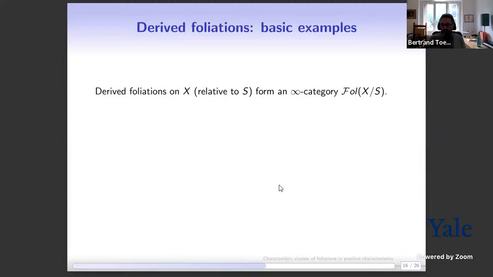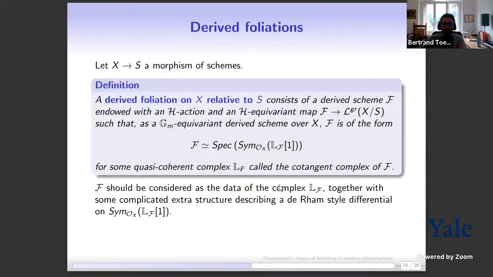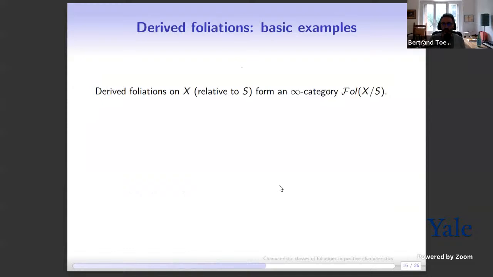Okay, so let me give some very, very basic examples. First, they form an infinity category. So you can have a map from F to F prime that is equivariant with respect to H, and that commutes with the map to the graded loop space. So they form an infinity category that's going to be denoted Fol of X over S. It has an initial and a final object, and these are very easy to identify, and it also has finite limits.